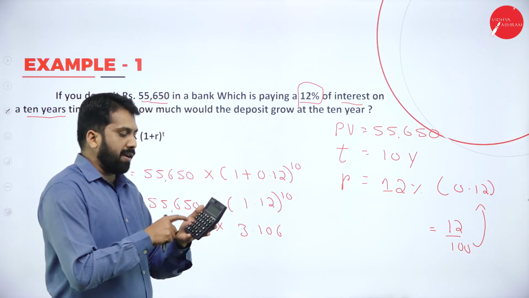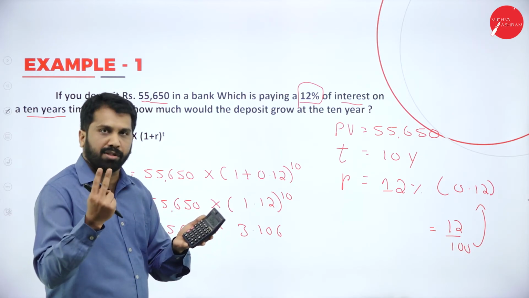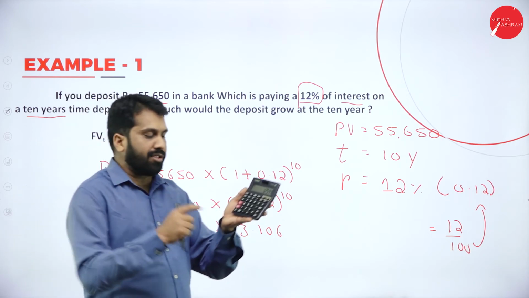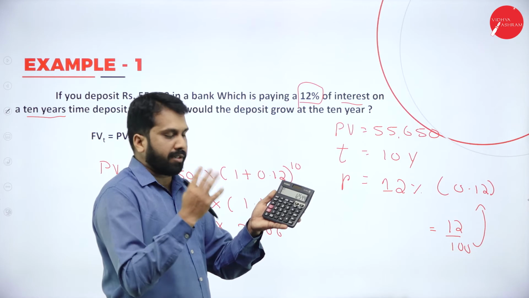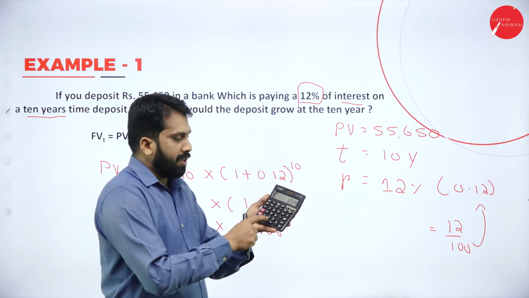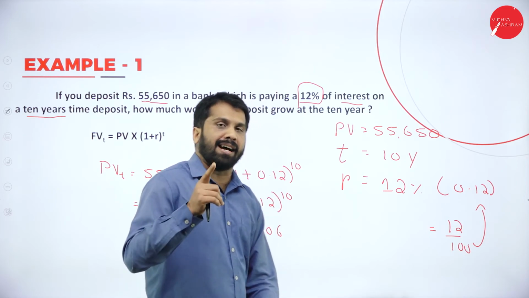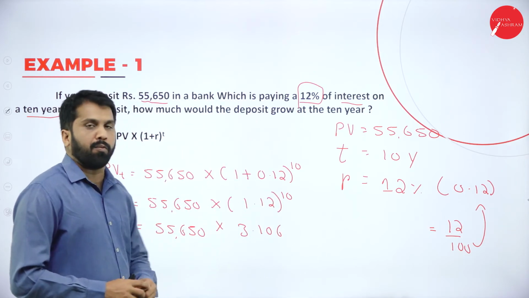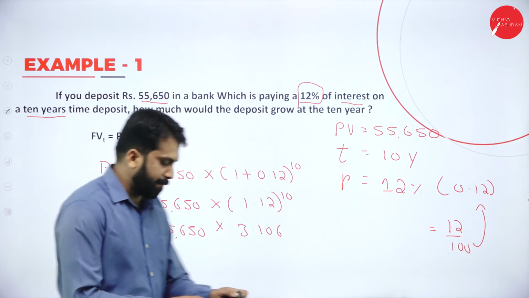So again I'll repeat, 1.12 into 1.12, 2 times over. How to do the third time? Just equals, third time, equals fourth time, equals fifth time, equals sixth time. Like this up to 10 you do, you will get the answer of 3.106.